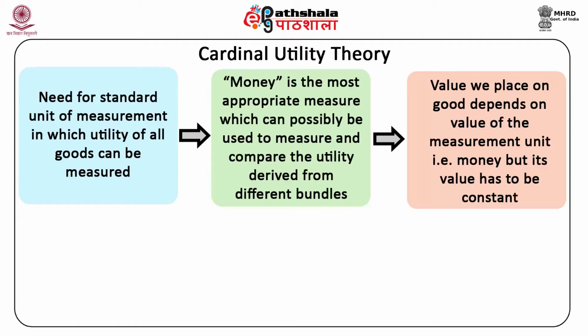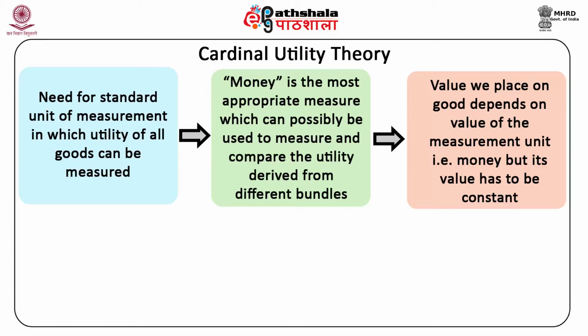Its value has to be constant, and hence Marshall brought in an assumption of constant utility of money. This means a rupee means the same to you, whether you are rich or poor. Hence, the utility from the 100th rupee should be the same as the first rupee, or for that matter the 10th rupee.